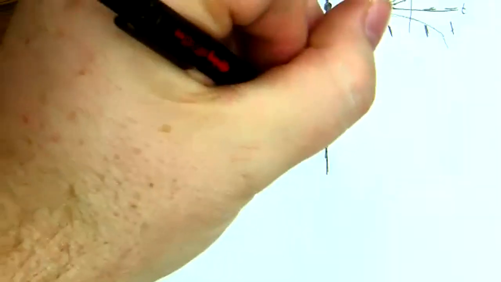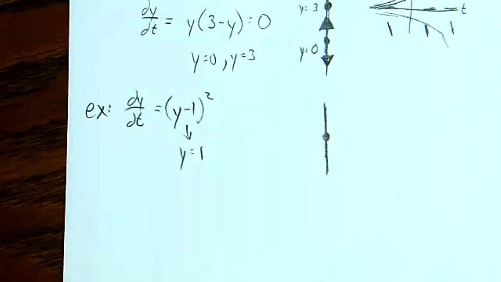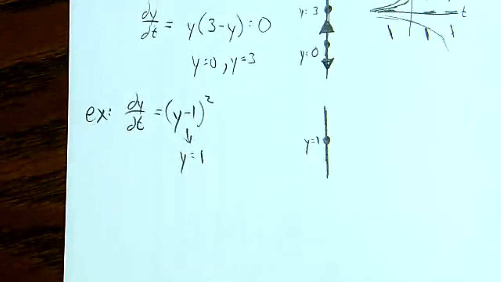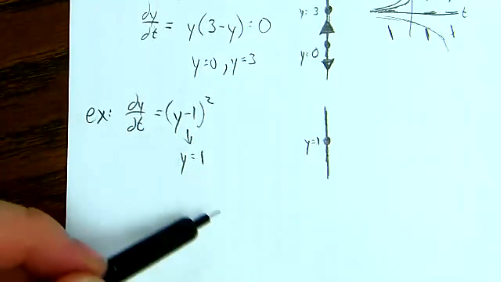So on my sort of stylistic slope field, if you will, I'm going to include this value, y equals 1. And now let's see what happens if I give a y value less than 1 and a y value greater than 1.